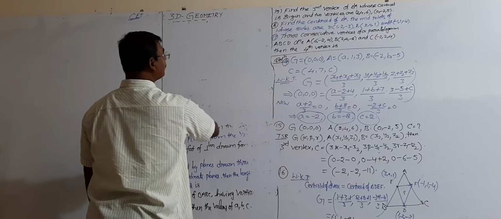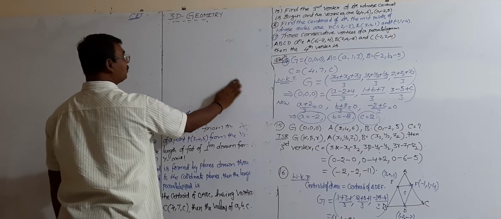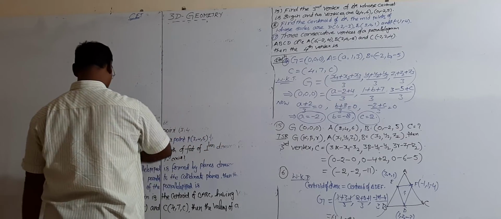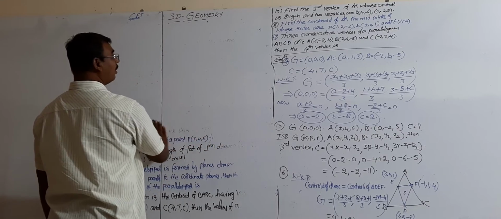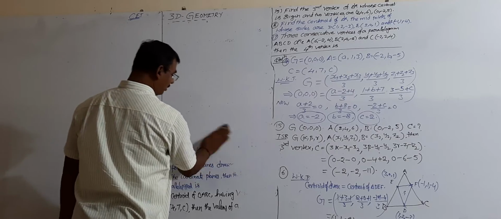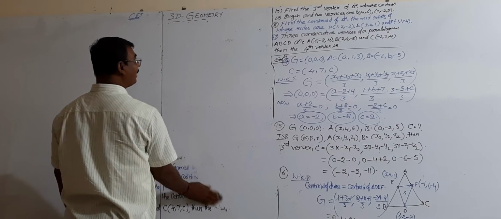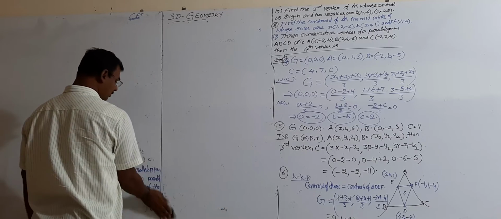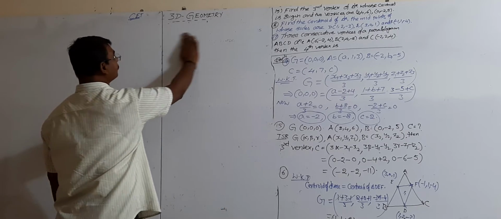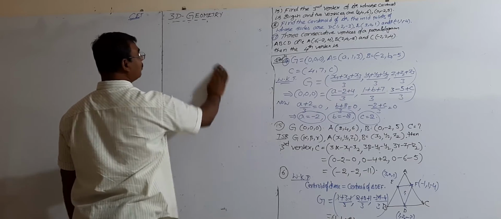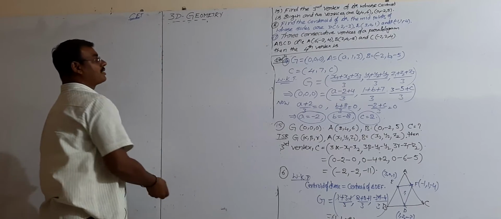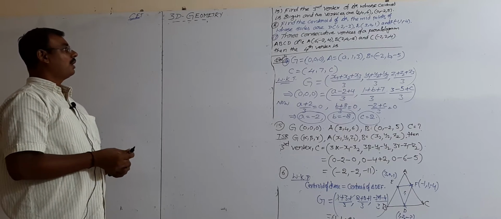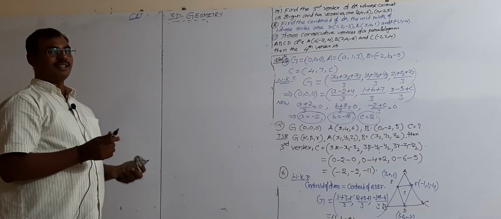The problem is: three consecutive vertices of a parallelogram ABCD are A(6, -2, 4), B(2, 4, -8) and C(-2, 2, 4). Then the fourth vertex is?